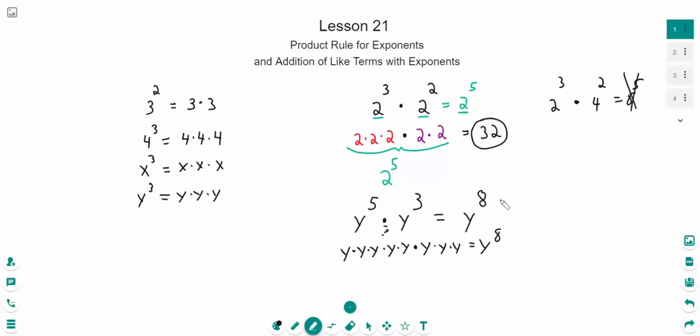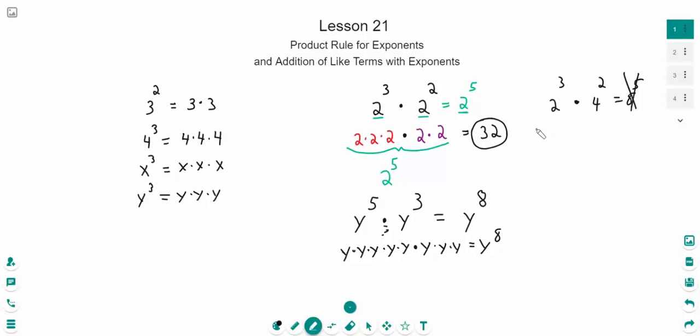No, that doesn't work. We can't actually do this unless the bases are the same. So here we have a 2 as a base, here we have a 4 as a base. They're different, and because they're different, we can't just simply add their exponents.